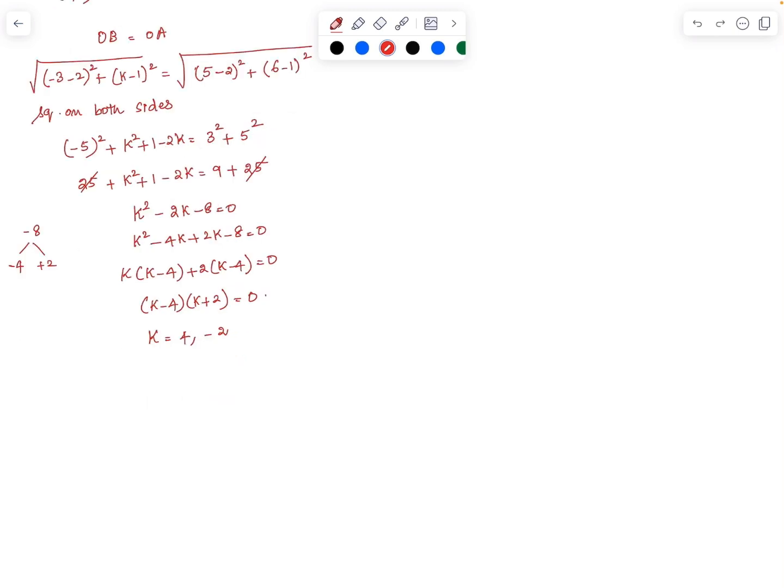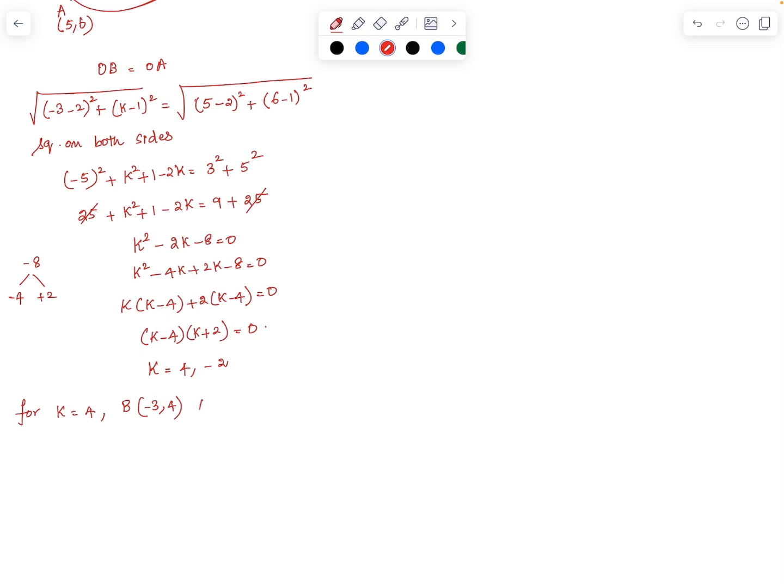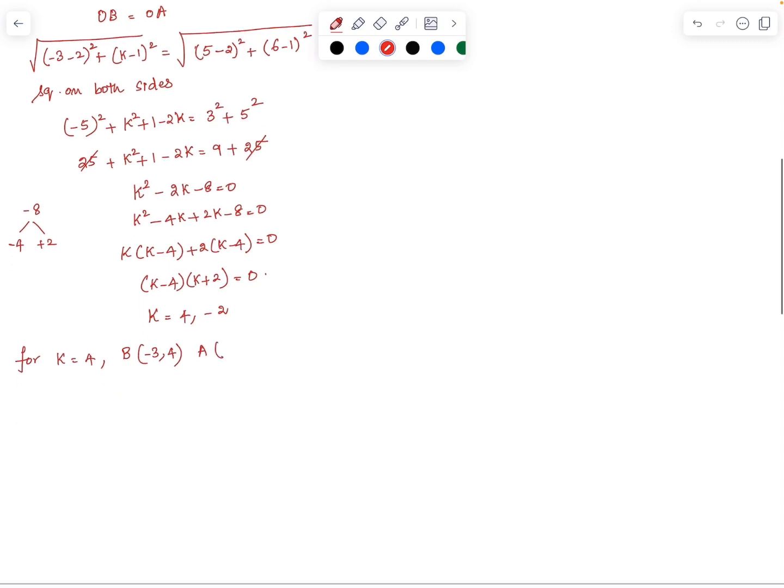Now that we have found the values for k, we have to get the length of AB. For k is equal to 4, the coordinates of B is (-3, 4) and A is given as (5, 6).